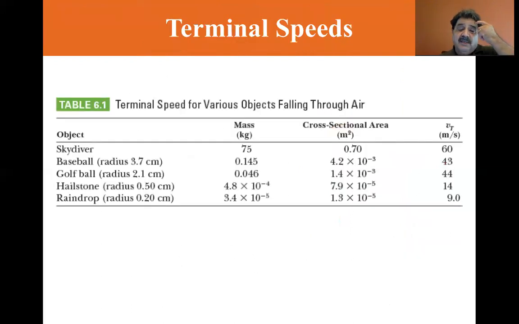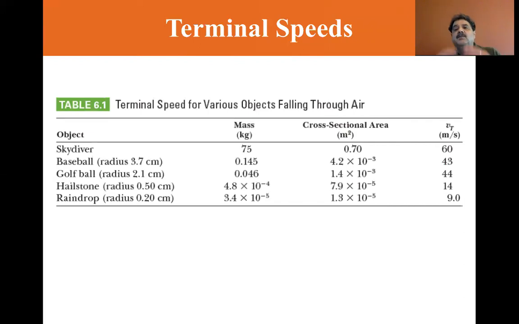Now these are some common terminal speeds for various objects falling through the air. And let's look at a baseball, because we're going to look at that later on. The terminal speed for a baseball, if you look all the way over to the right, is 43 meters per second. A skydiver about 60 meters per second. Now that's going to depend. If the skydiver is spread eagle with his arms and legs spread out, it's going to be different than if he tucks and heads head first going down, he'll be much faster.